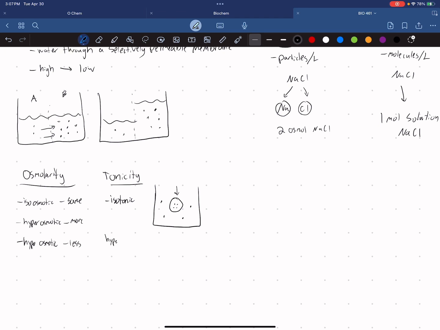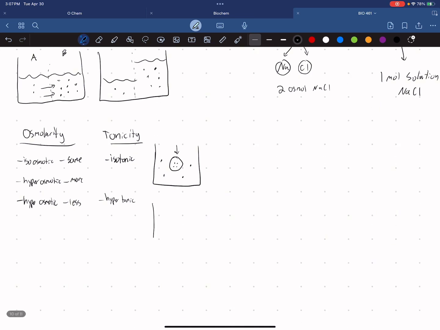When we think about hypertonic, I'll go ahead and draw another picture here. When we have a cell in a solution and there is more solutes outside of the cell in the solution, then the water is going to want to leave the cell and go towards the outside where there is more solute.